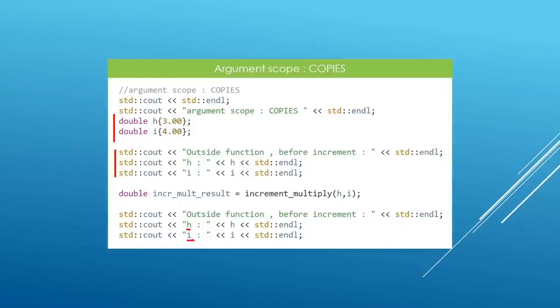If we print h and I here, we're just going to see the same thing we saw before we call the function. I realize this is a lot of information to take in. Now we are going to head over to Visual Studio Code and actually play with this step by step.